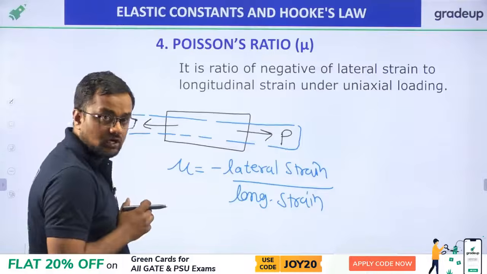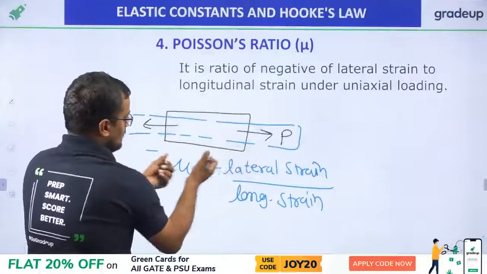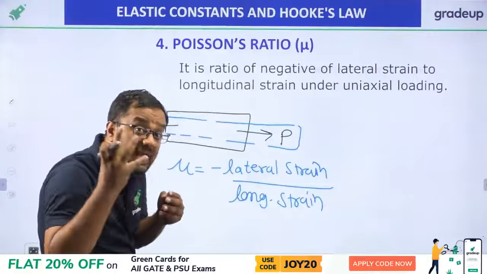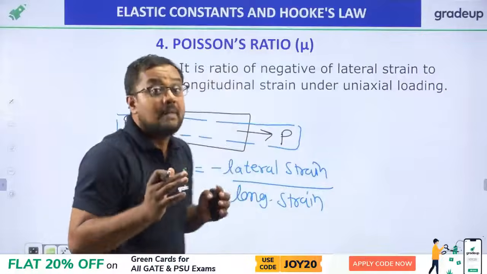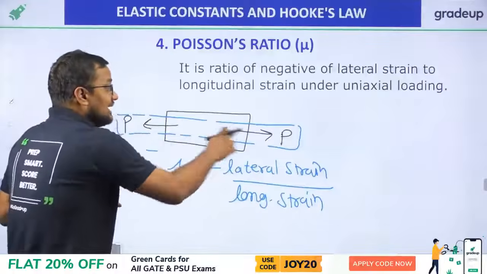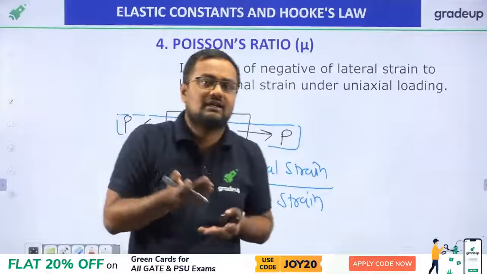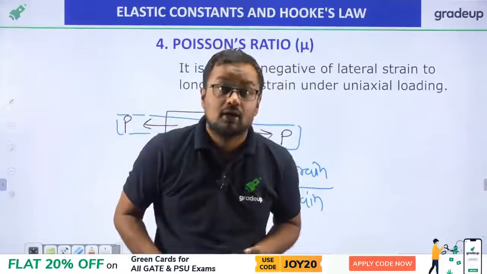What is lateral? What is longitudinal? This strain is longitudinal, along the length, and this is lateral. My friends, what is the basic definition of lateral and longitudinal? Most of you think the longer axis is longitudinal and the smaller axis is lateral, but that is a totally wrong concept.